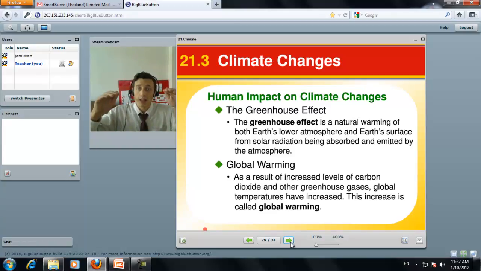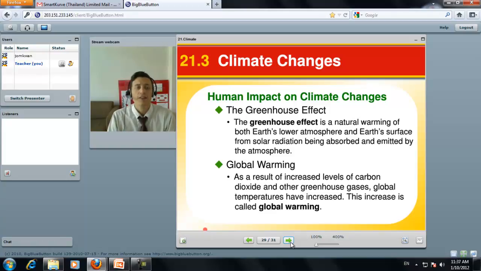So the radiation hits the Earth as visible light, and it bounces off of the surface of the Earth as the lower energy infrared. Now, that energy, that infrared radiation, often it just escapes from our atmosphere and goes back out into outer space.